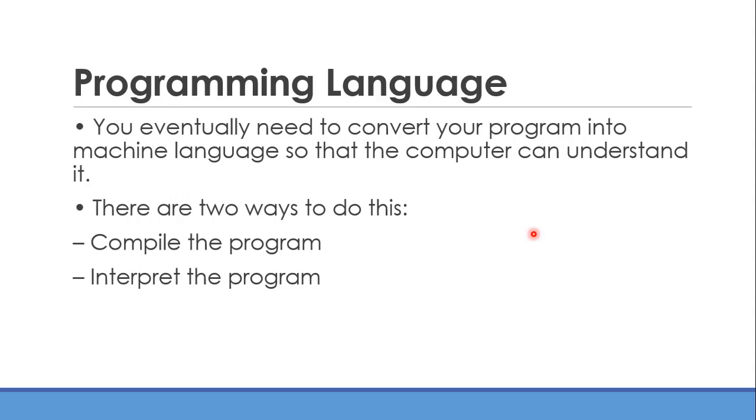You eventually need to convert a program into machine language so that the computer can understand it. There are two ways to do this: compile the program, interpret the program. So it is very understandable. Si compile means iyahang buuhon, or ganun, siya magbasa. Si interpret, kuntahay lang, we are writing a English word, English nga essay.